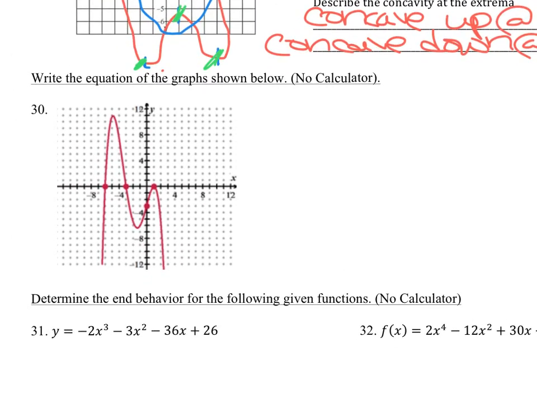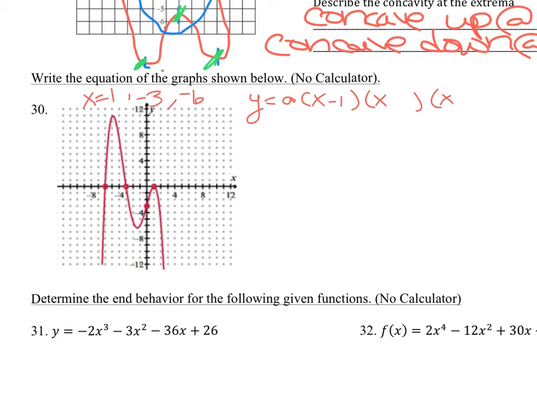So if I go ahead and look at this next one, I know it's going to be y equals a times (x)(x)(x). I have 3 zeros. My first one is positive 1, so x equals 1, x equals negative 3, and x equals negative 6.